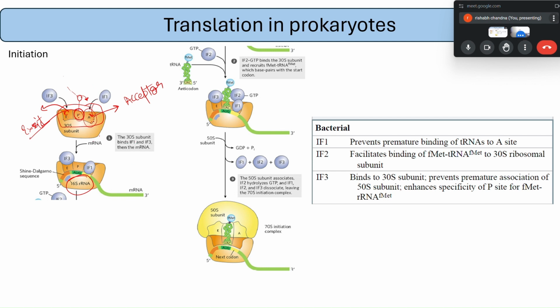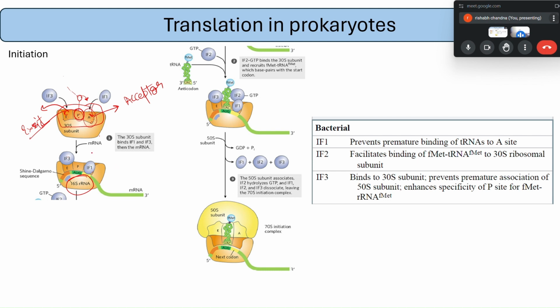So first, the 30S subunit recognizes the Shine-Dalgarno sequence and binds two initiation factors, IF1 and IF3. First the 30S subunit binds to IF1 and IF3, then it binds to the mRNA. IF1 helps during initiation with the proper positioning of the mRNA to the ribosome.